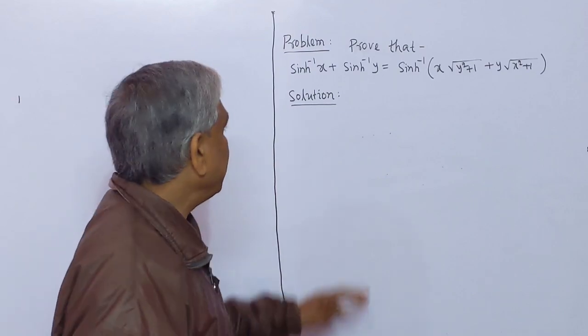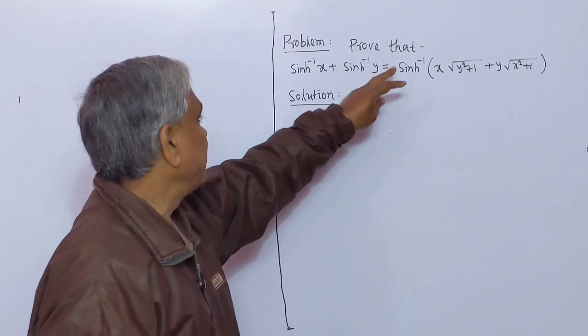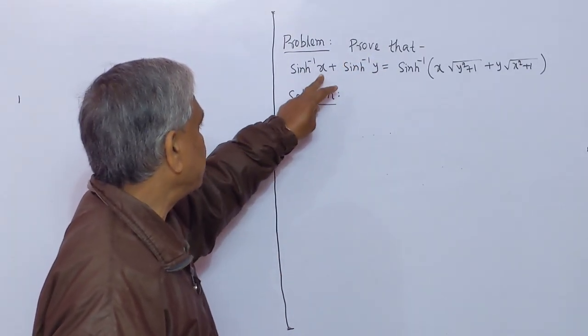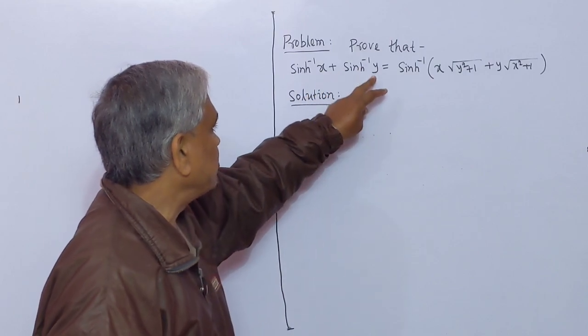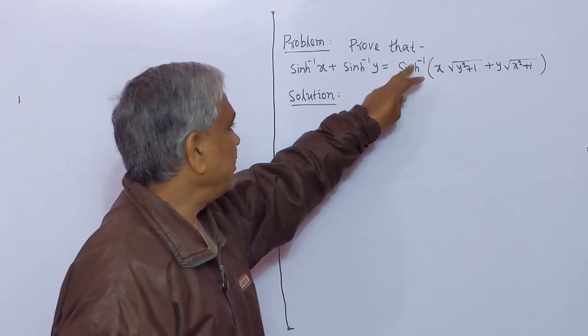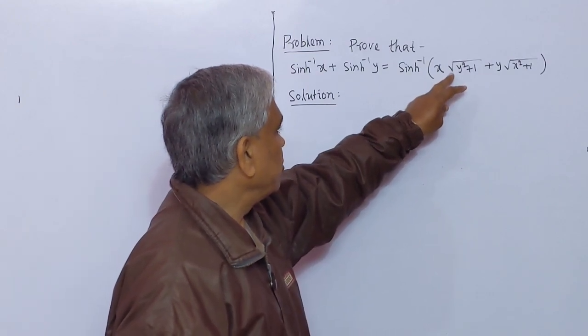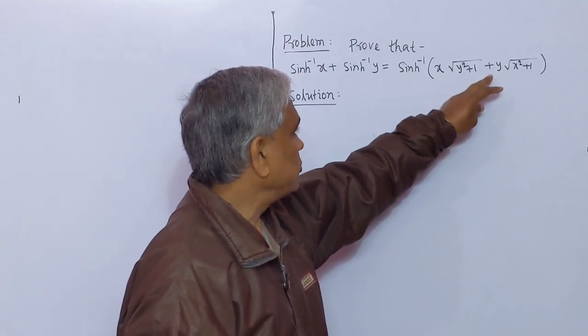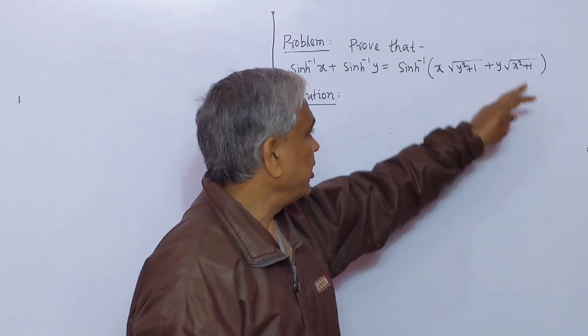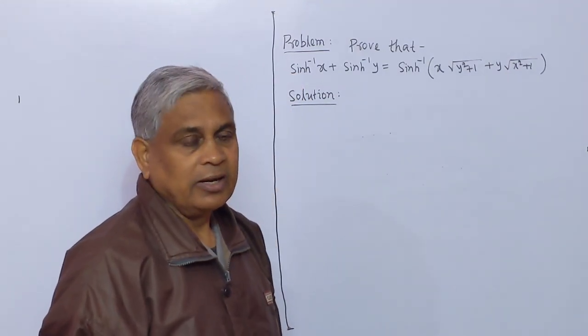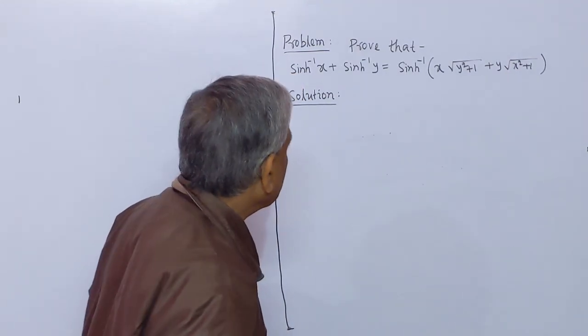Now we solve the next problem. Next problem is prove that sinh inverse x plus sinh inverse y equals sinh inverse of x multiplied by square root of y square plus 1 plus y multiplied by square root of x square plus 1. Now we solve this.